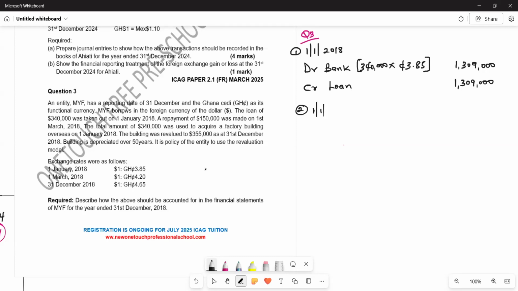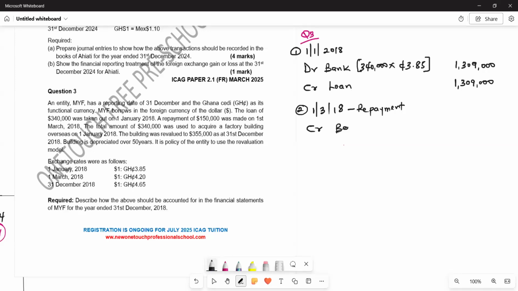So the next date is 1st March. That's when they made a repayment, right? Yes, please. When you repay part of your debt, which account do you credit?